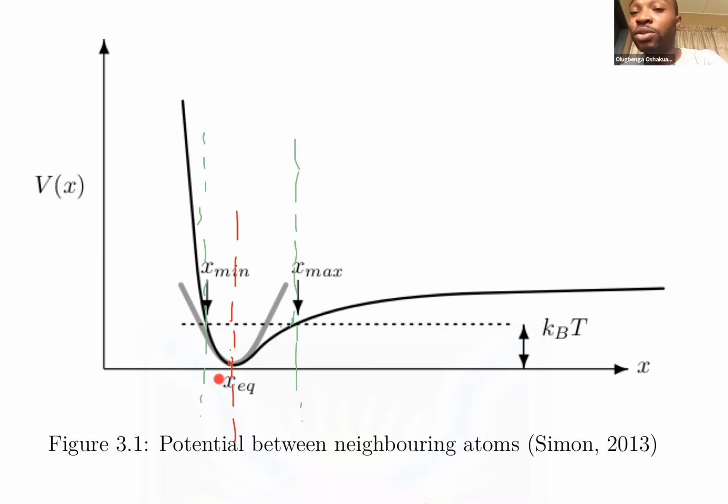The oscillation increases, but they oscillate away from themselves compared to oscillating closer to themselves. So that gives them an average length that is greater than their normal equilibrium position or their normal distance of separation. I hope that is clear.